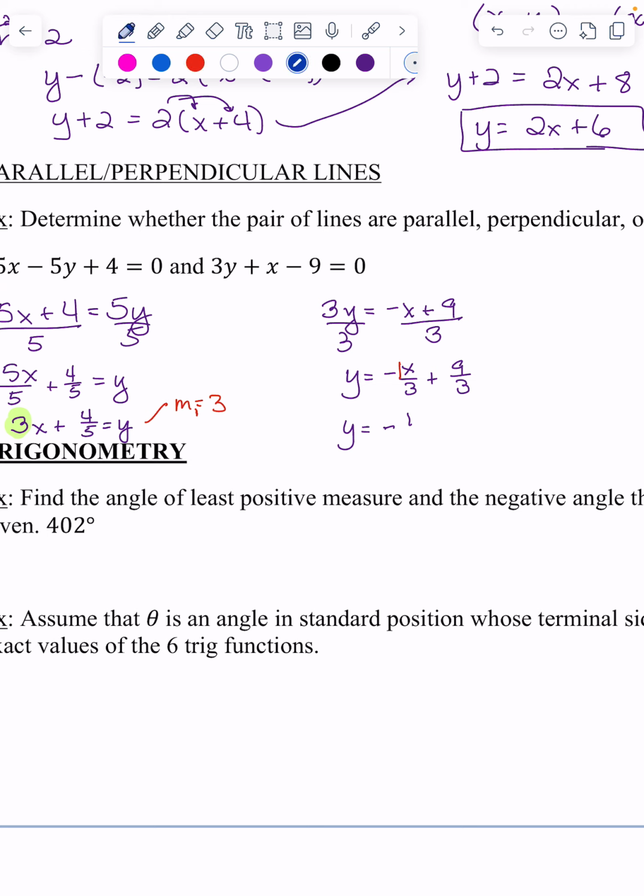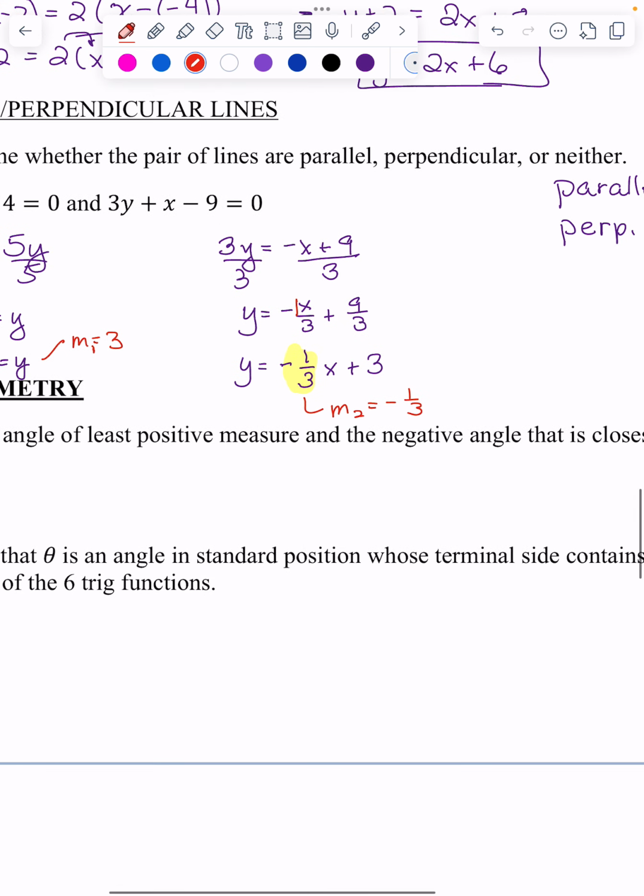So I'm going to write it as negative 1/3 x plus 3. I really don't care again about that constant there. But what I do notice is that right here, this is my slope. So I'm going to say that m2 is equal to negative 1/3.